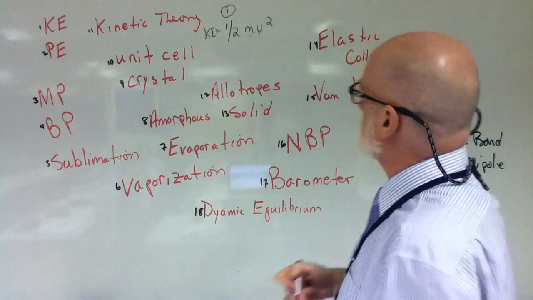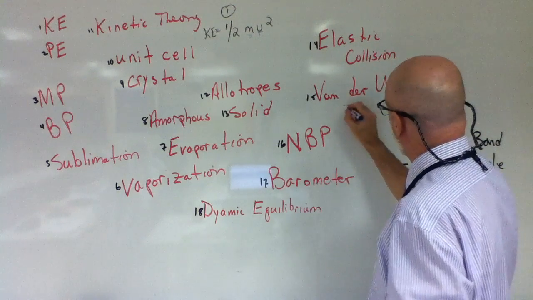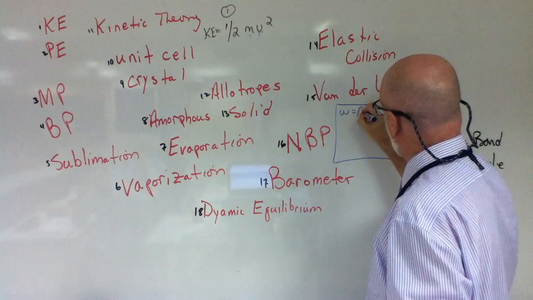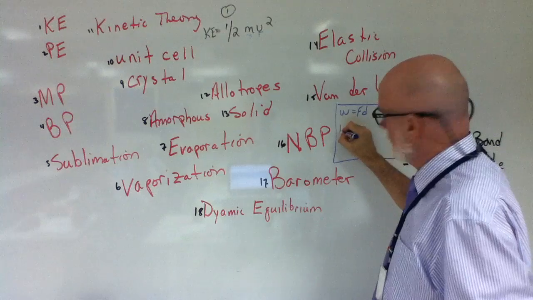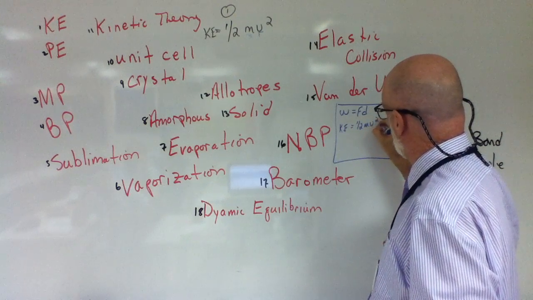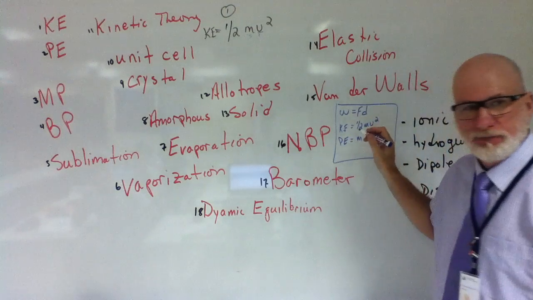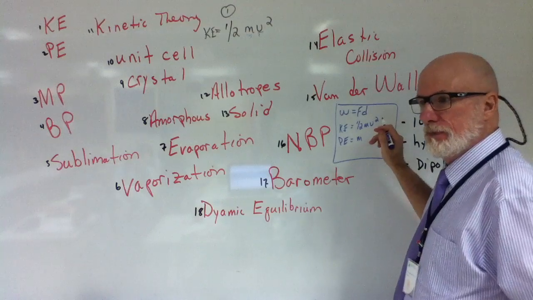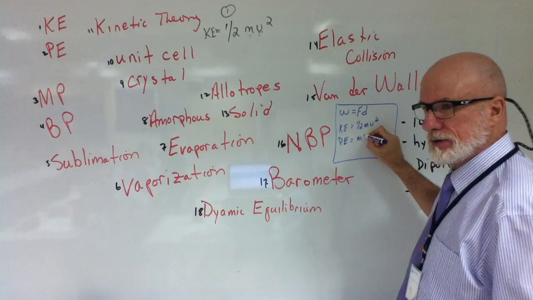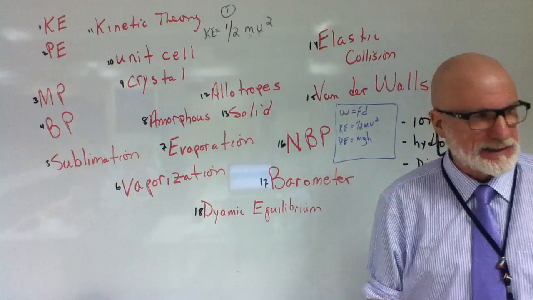Let me say this. Can I write in here? This is blue. Okay, can I write right here for a minute? Work, force times distance. Kinetic energy equals 1/2 mv squared. Potential energy, mass times acceleration due to gravity times height.